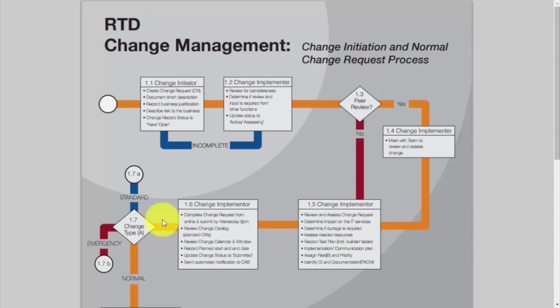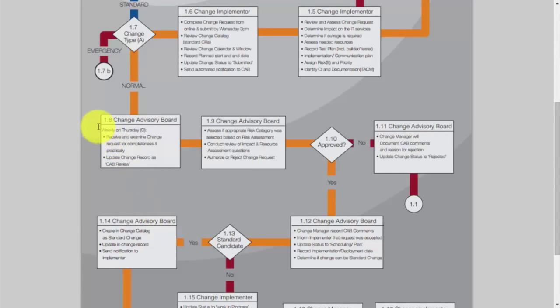For normal changes, the Change Advisory Board will meet weekly on a Thursday. They will receive and examine the change request. They'll be looking at it for completeness as well as practicality, and then updating the change record as CAB review, Change Advisory Board review.